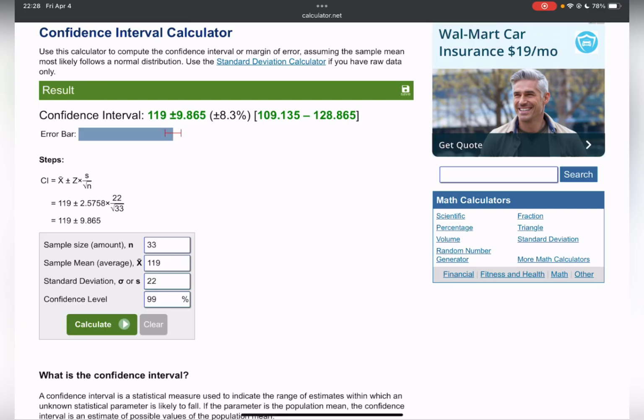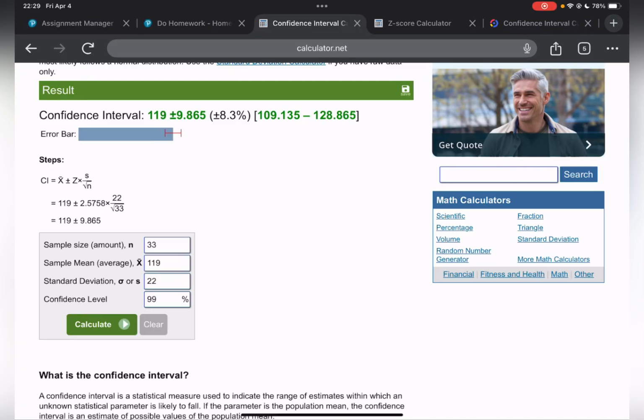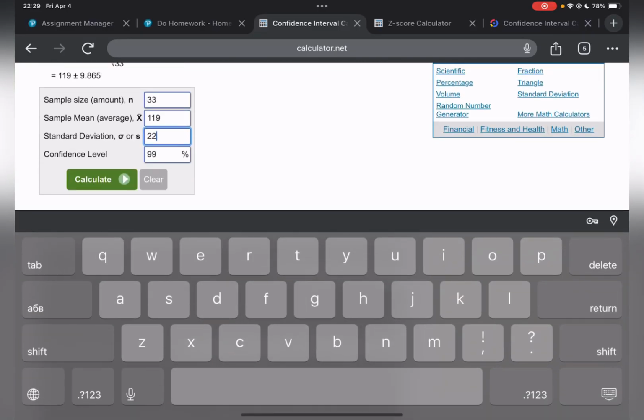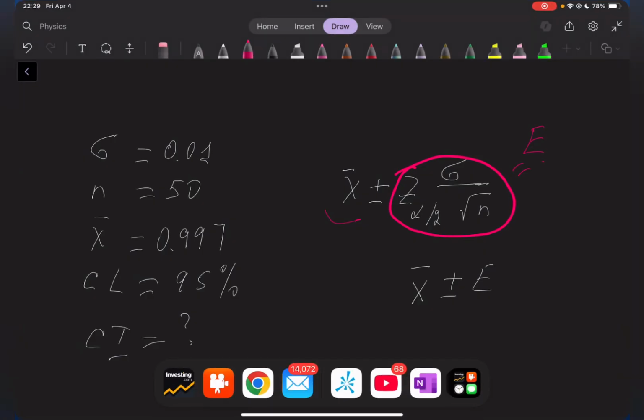So I had how much? Sigma 0.01 and 50. Sigma is our standard deviation, 0.01, and sample size is 50, and the sample mean was how much? 0.997, right? I believe so. 0.997, correct.